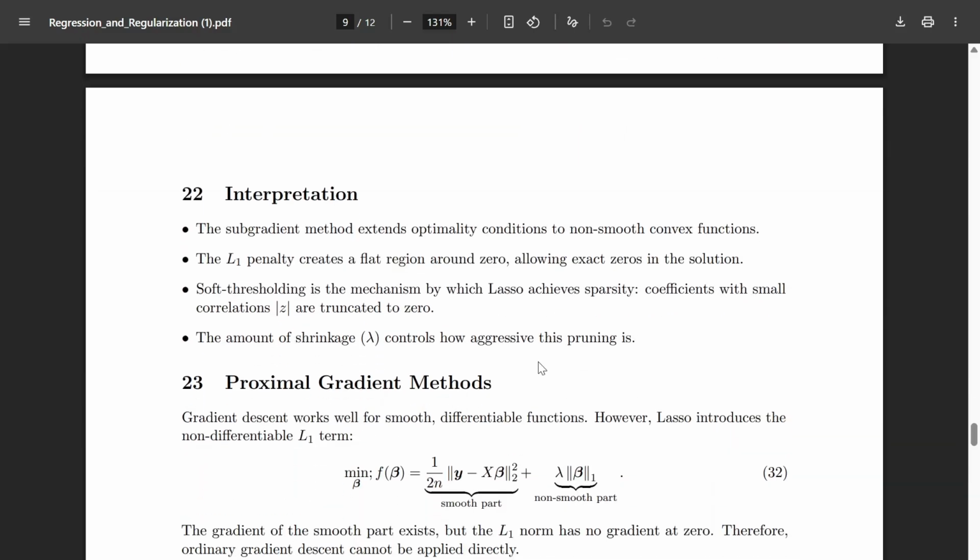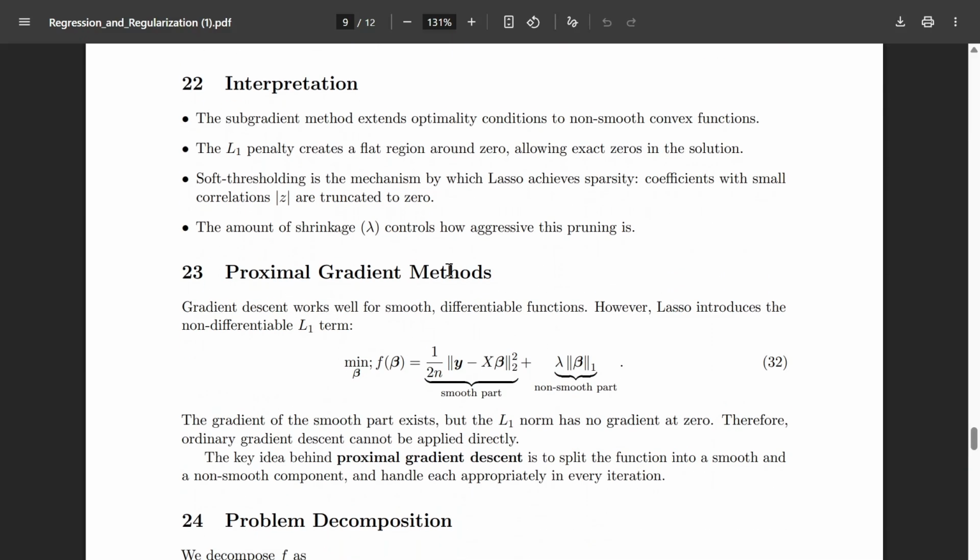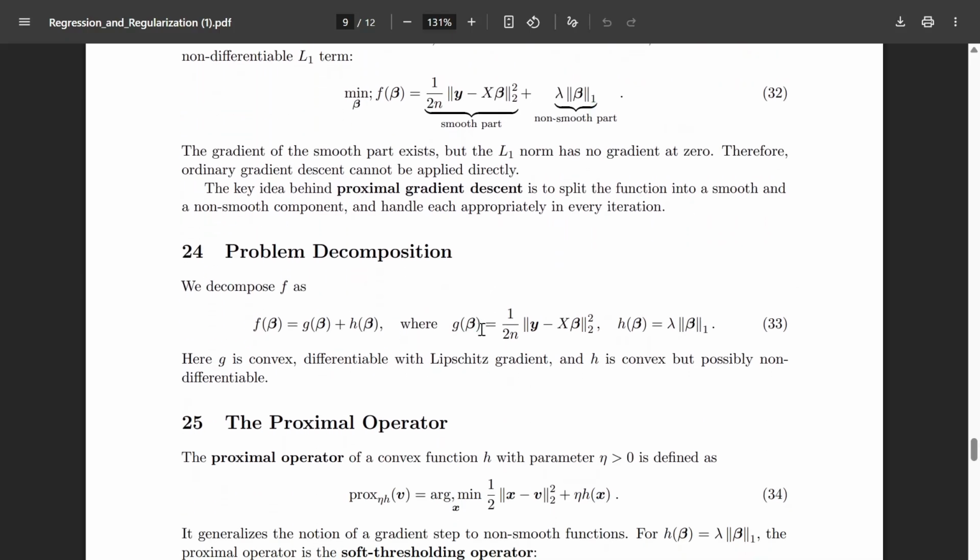And then there are methods like proximal gradient methods, where again you do something like what we did right now. We try to define gradient descent for something that doesn't have a gradient. So we try to decompose f as g of beta plus h of beta, where g of beta is convex and differentiable with a Lipschitz gradient, and h of beta is convex but possibly not differentiable.